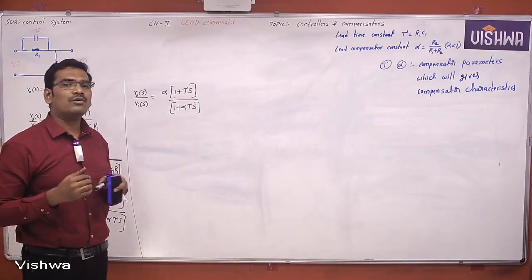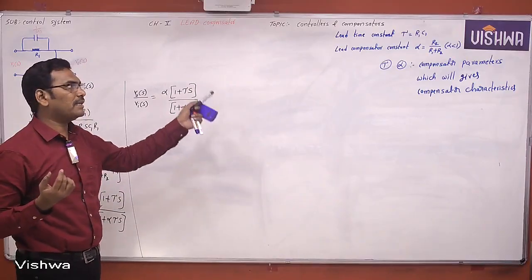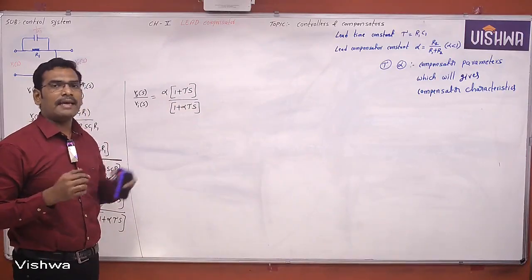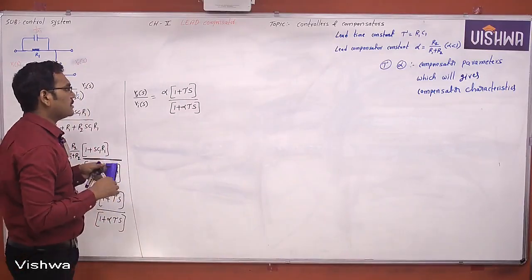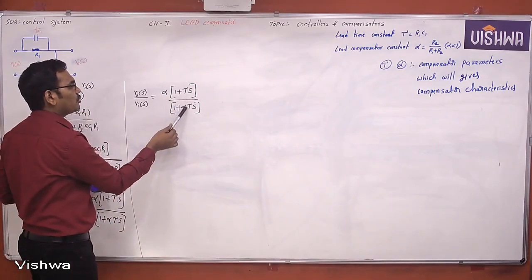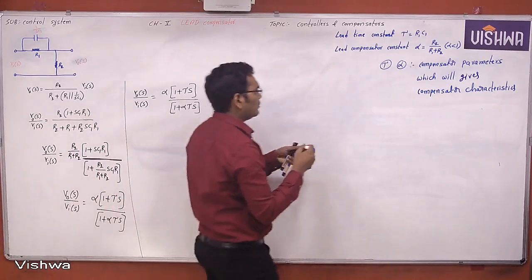Just as the closed loop poles give all the characteristics, in the same manner the compensator time constant and compensator constant give the compensator characteristics, which is a function of poles and zeros location.